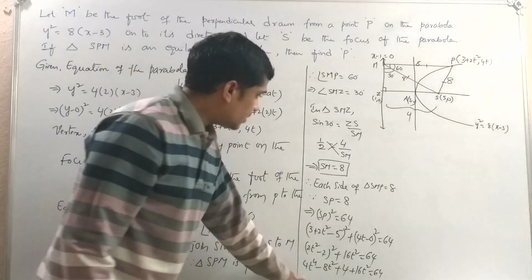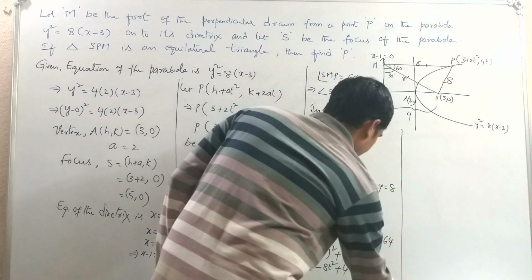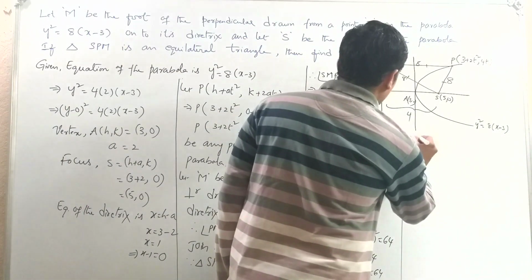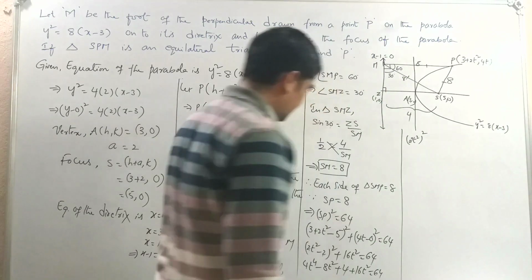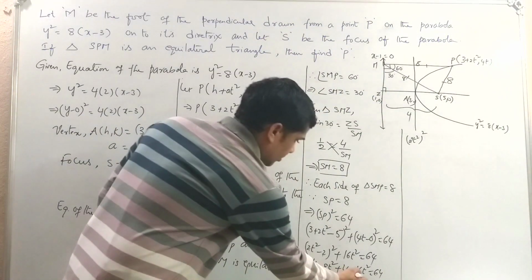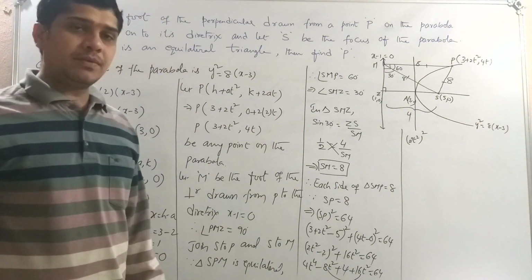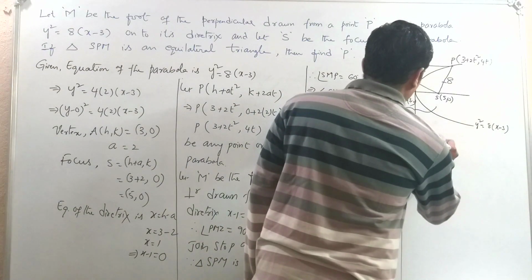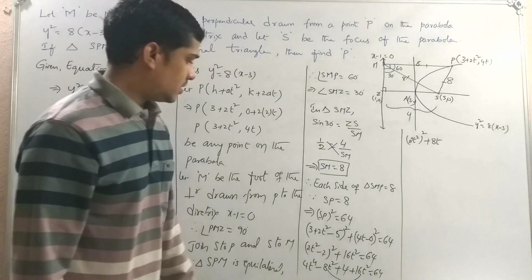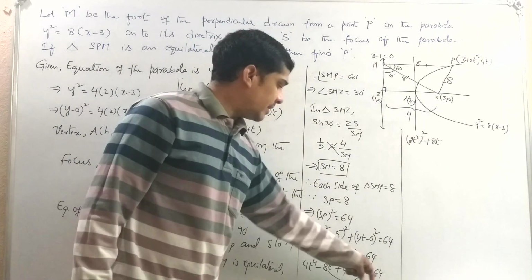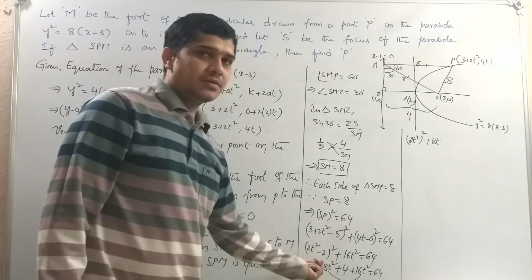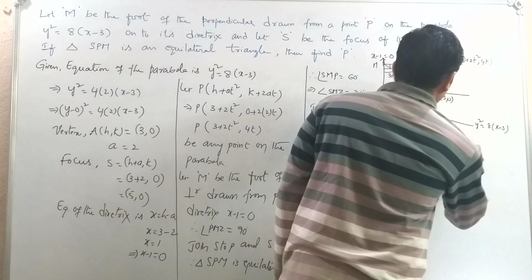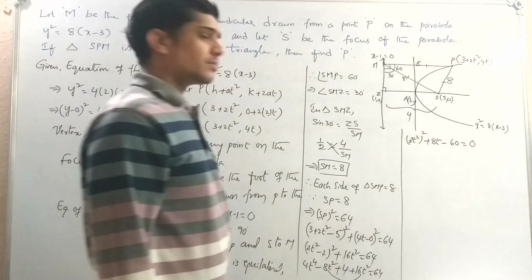Now 16t square minus 8t square is plus 8t square, and bringing 64 to the left hand side, 4 minus 64 is minus 60, equal to 0.